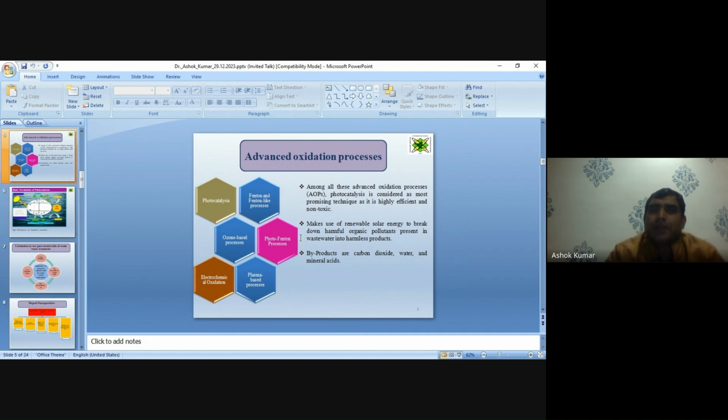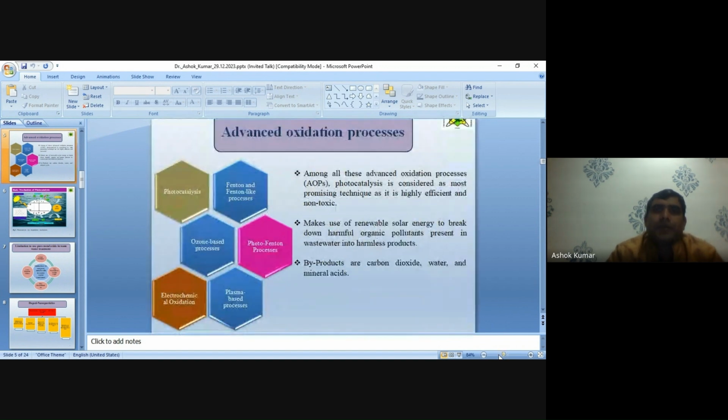From all these advanced oxidation methods, photocatalysis is considered the most promising technique. The reason is the technique is highly efficient, and the byproducts, such as carbon dioxide, water, minerals, etc., are non-toxic in nature.